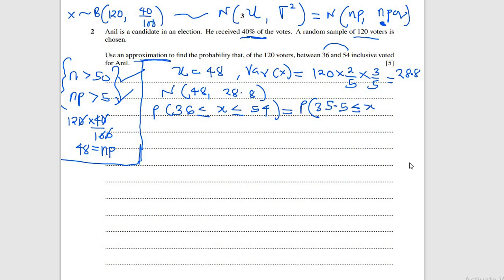The upper limit, which is 54, you add 0.5. You don't need to put the equal sign again after doing this. So you are looking for the probability between 35.5 and 54.5.